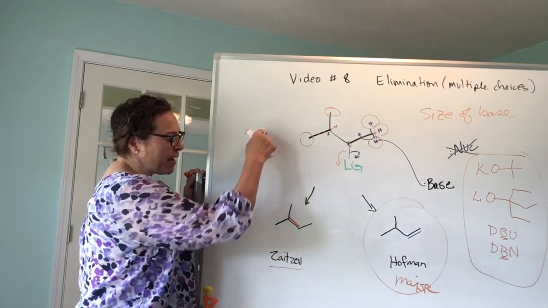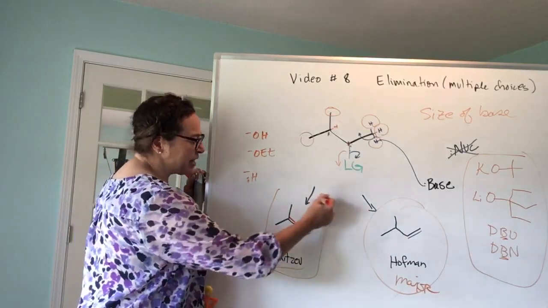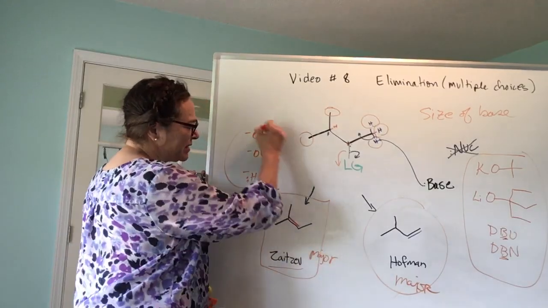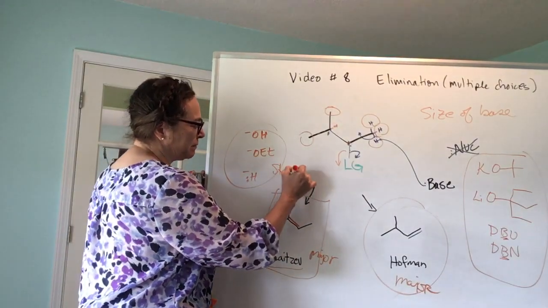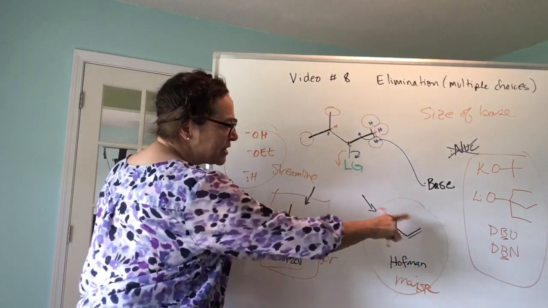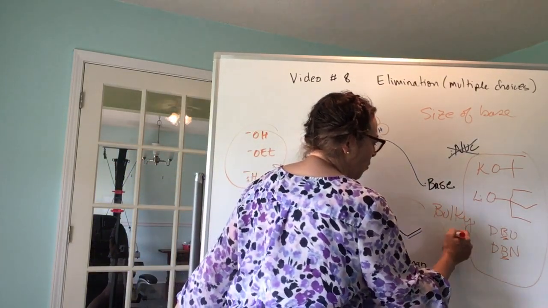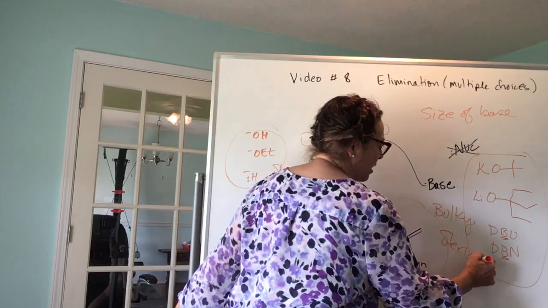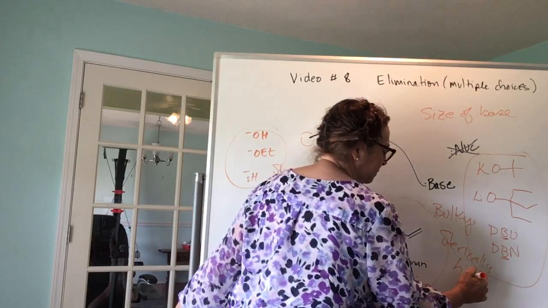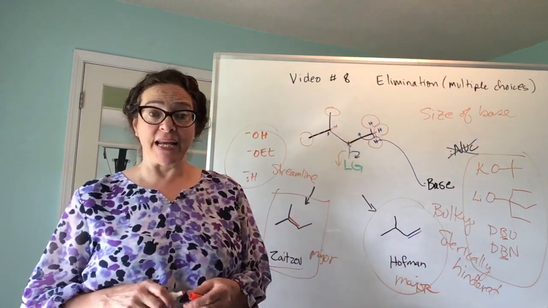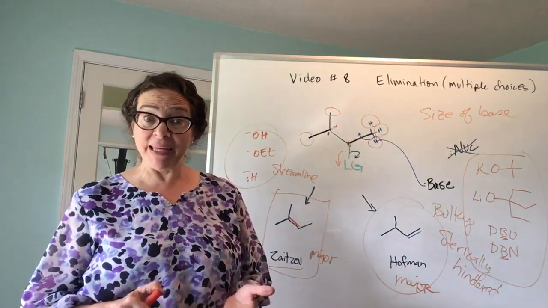So these compounds are going to produce the Zaitzev product as the major, because these bases are streamlined. These bases are what we refer to as bulky or sterically hindered. Steric hindrance is the organic name for anything that is really big.